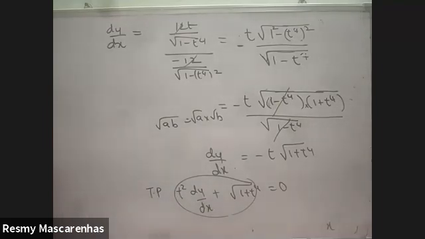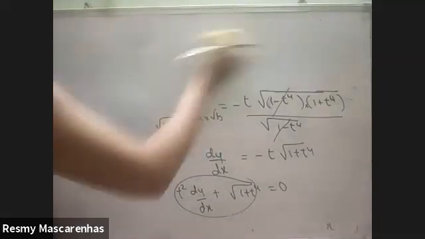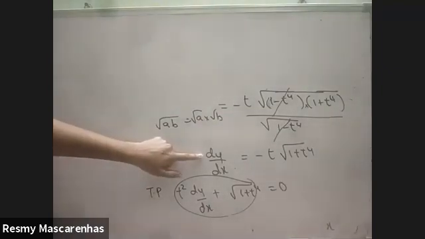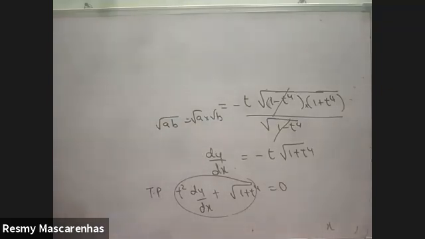I put something wrong with this. It should get cancelled out. Are you all getting dy by dx same? This should be t cube, huh? Make that as t cube. And then you substitute this over here.